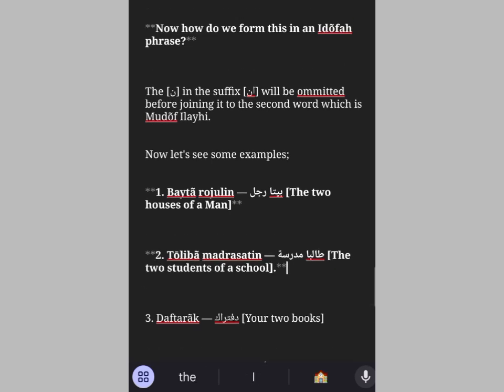Now let's look at the two students of a school. So we say طالبا مدرسة. Is that taken? We got to remove the noon. That's what happened there.